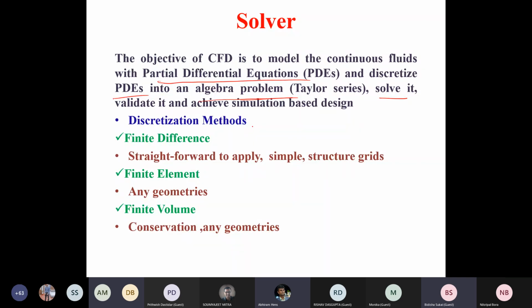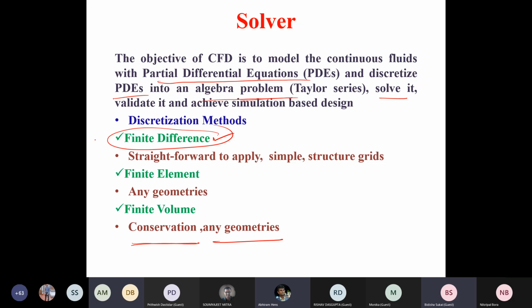And discretization methods are finite difference, which is straightforward to apply, simple, and structured grids are generally used. Finite element has the advantage of geometries. It can use any geometry. Any complicated geometry can be modeled with the help of finite element. And finite volume has an advantage of conservation. Okay, so it can conserve the properties properly, and any geometry can be chosen. Now, the finite difference method is very straightforward to understand.